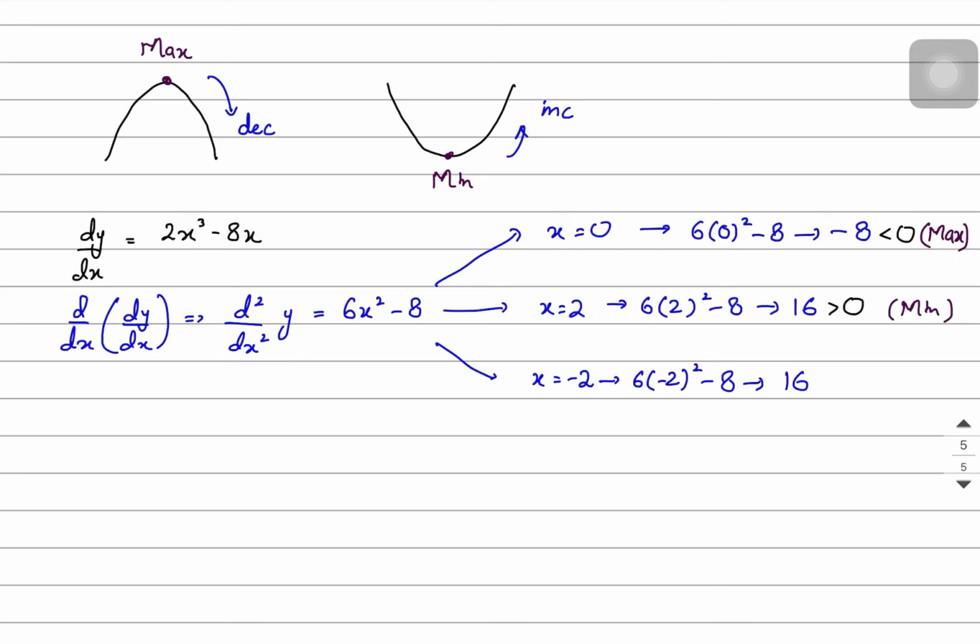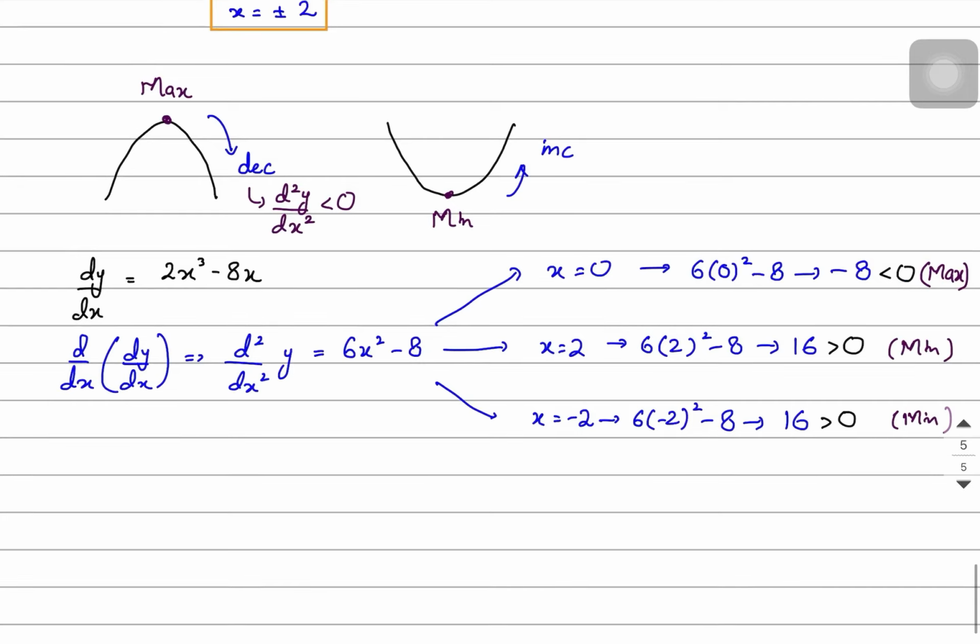And what is the method? The method says just plug in the value of x and take out the answer. If it is a positive one, the positive one represents an increase. An increase means it's a minimum point. So a decrease tells us that my double derivative is going to be negative, and an increase says that my double derivative is going to be positive.